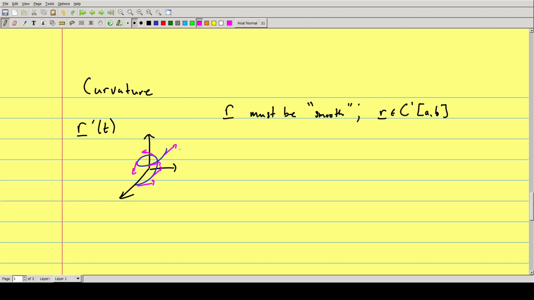There's a tangent vector at every point. And what gives us the notion of curvature is how much deflecting is going on in these tangent vectors as I traverse the curve. Because the curvature is in terms of what's happening with the tangent vectors.